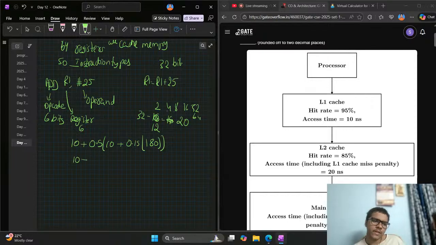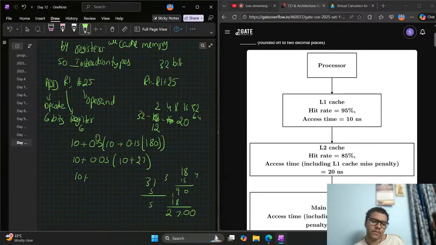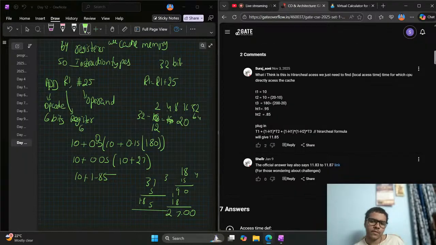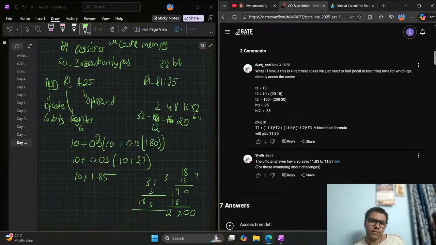So if you simplify this, you should get that. Wait, 0.05, sorry. 270. Okay. 11.852. Right, nice.